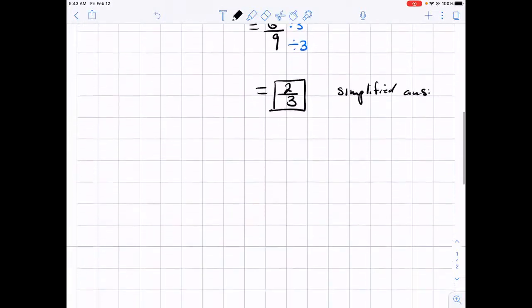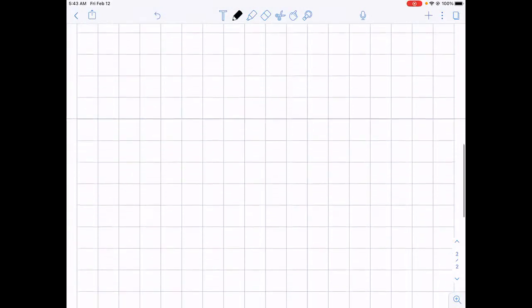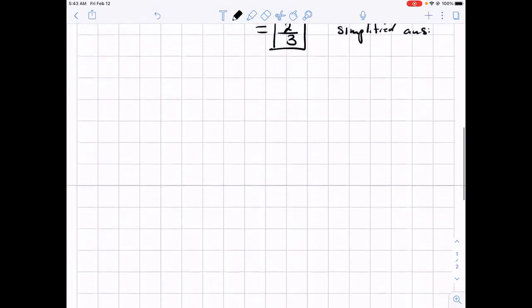Now, let's look at a different example. If I say to add x divided by x squared minus 1 plus 1 over x squared minus 1.